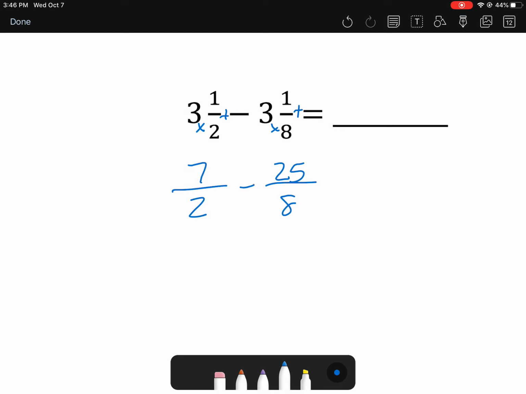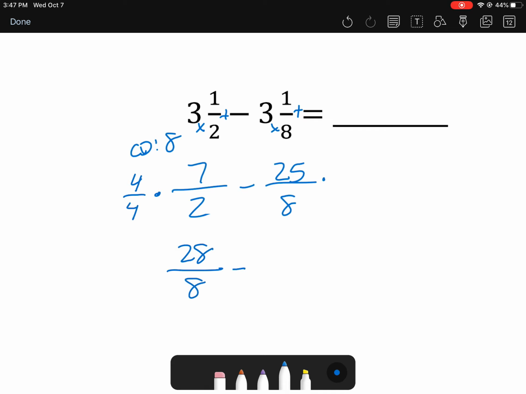I'm subtracting them. Now that I have my two improper fractions, I do need to go ahead and find a common denominator. In this case, I can actually use 8. If you want to multiply them together to get 16, go ahead and do that. You will have some simplifying to do at the end, though. So I'm going to multiply the top and bottom here by 4. 4 times 7 equals 28. 4 times 2 gets me 8.